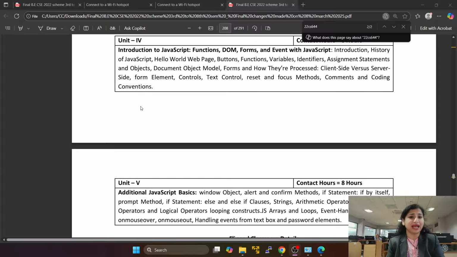JavaScript actually makes the web pages dynamic. Here again we have two types of websites or web pages, that is static web pages and dynamic web pages. Static is where the web page does not interact with the users. So if you do any clicking on the web page, it doesn't interact with you.